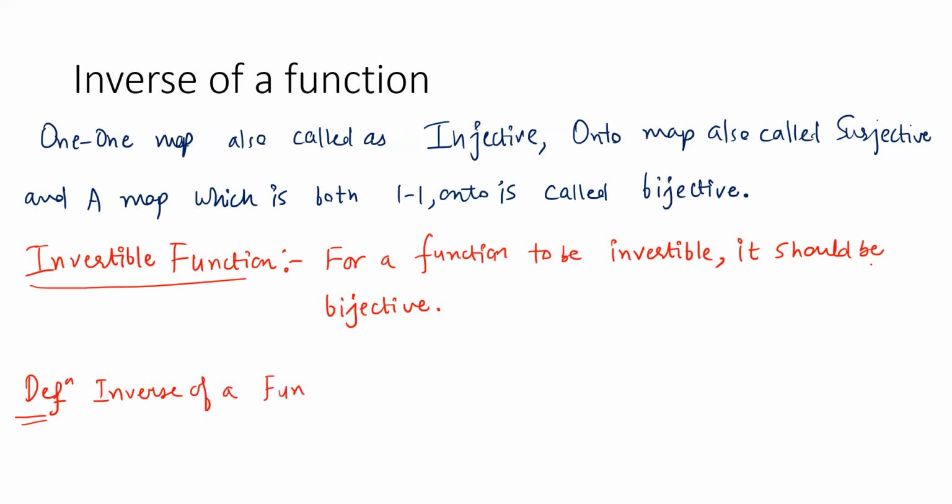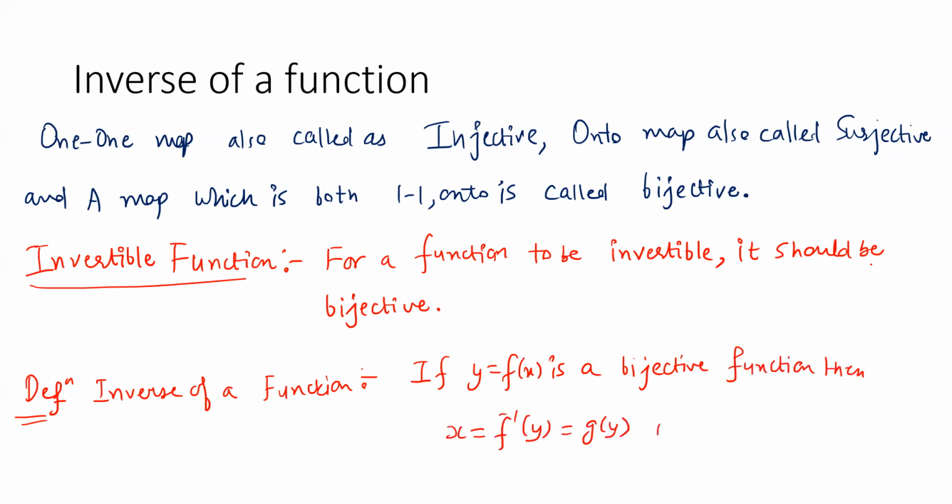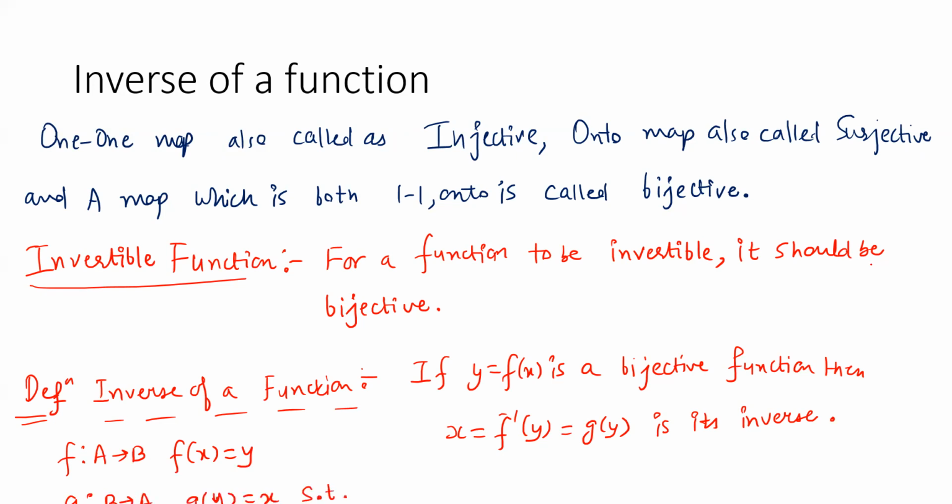And then how do you define the inverse of a function? If y is equal to f(x) is a bijective function, then x is equal to f inverse of y is its inverse. If f is from A to B, g will be from B to A, such that f(x) is equal to y, then g is said to be f inverse.